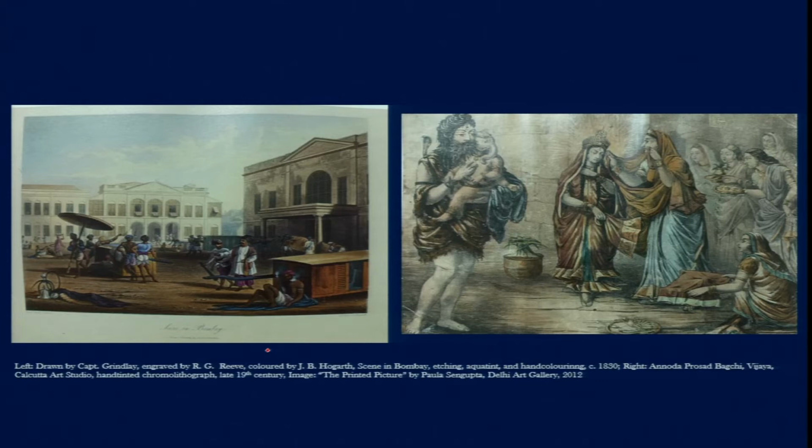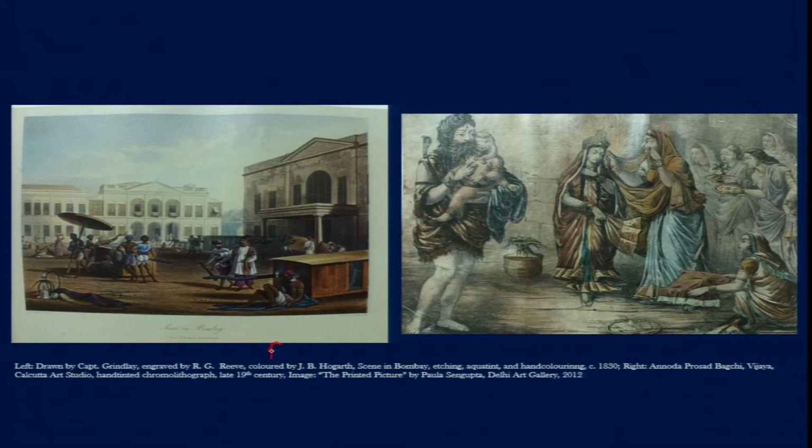For example, this one on the left side of the screen is an image which was drawn by Captain Grindlay, then engraved by R.G. Reeve, and then colored by H.B. Hogarth. It's called the Scene in Bombay, and it is etching, aquatint and hand coloring.